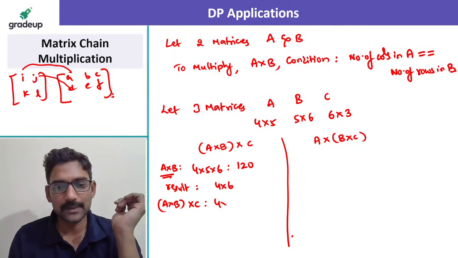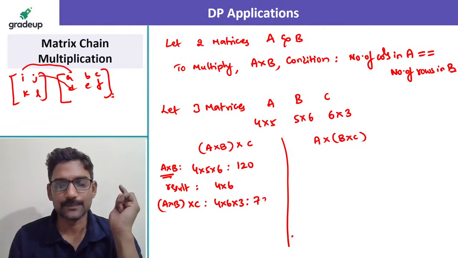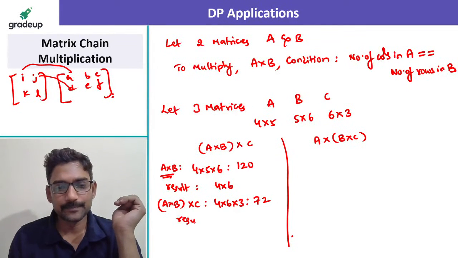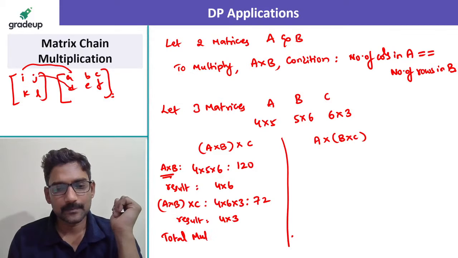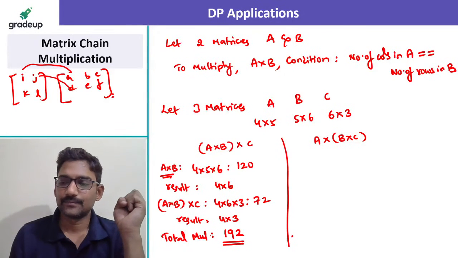So number of multiplications 4 into 6 into 3. 4 6s are 24, 24 3s are 72. And the result matrix will be 4 by 3 matrix. So total multiplications are 120 plus 72, 192 multiplications you will be doing.